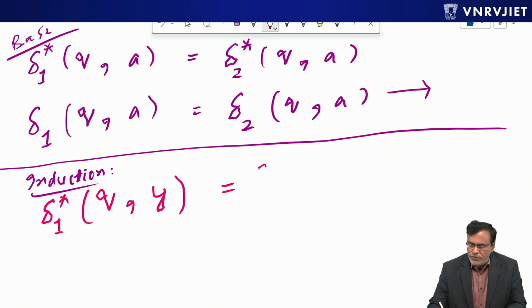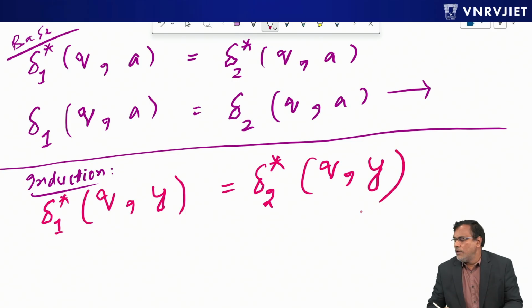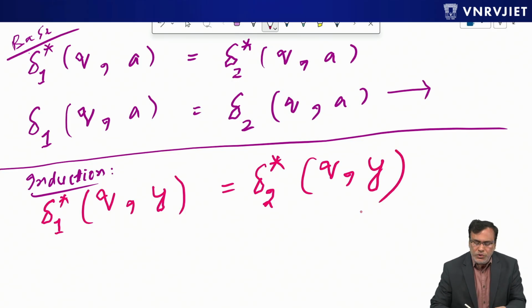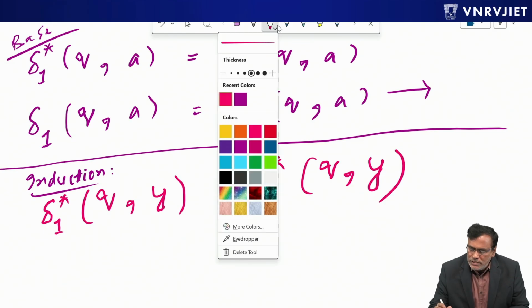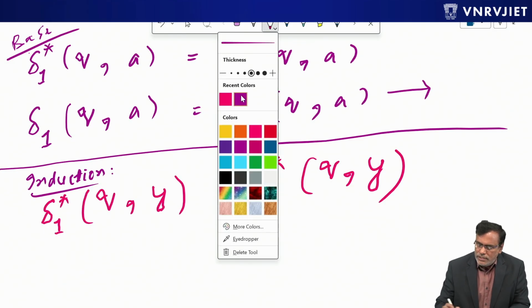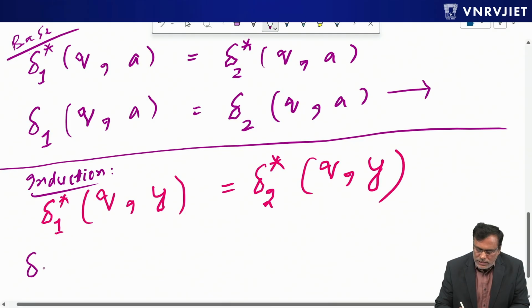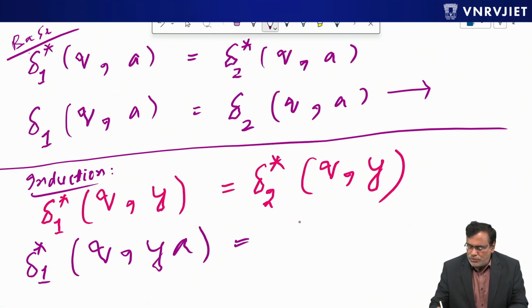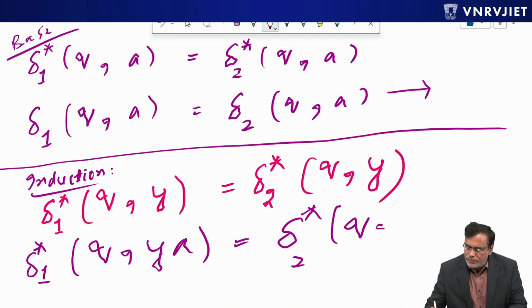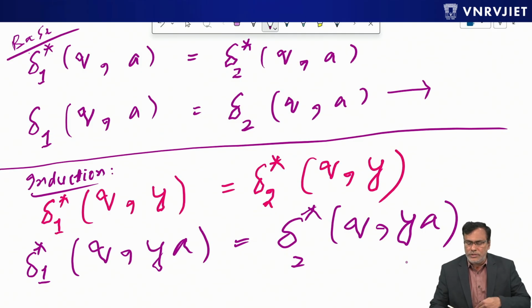With this assumption, we want to show that delta 1 star of QYA equals delta 2 star of QYA. This is what I am supposed to prove.